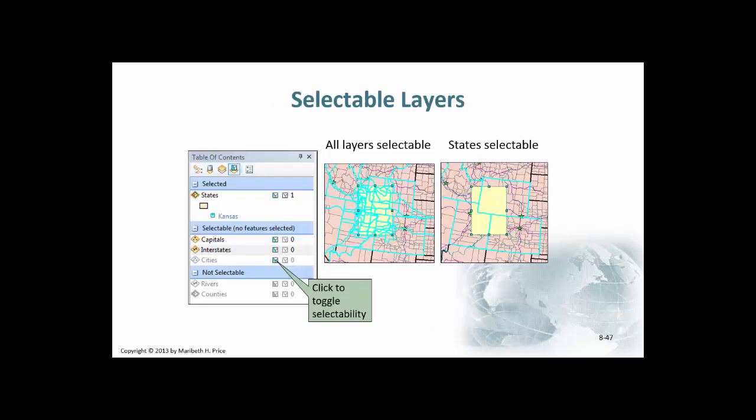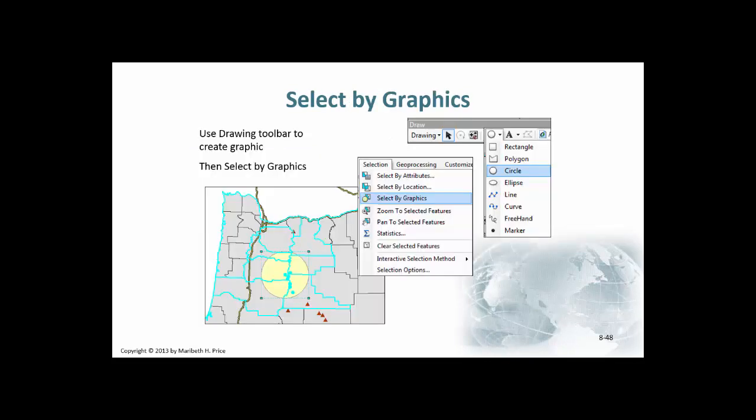Using the List by Selection view of the table of contents, you can toggle the selectability of a layer on and off. From the Selection pull-down menu, you can pick Select by Graphics, then draw graphics from the Draw toolbar to select features.